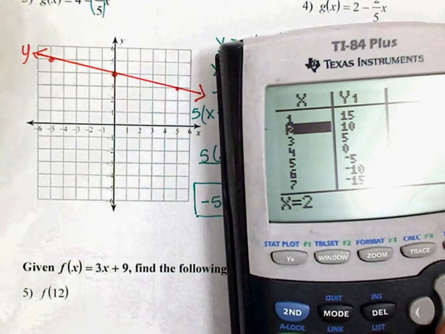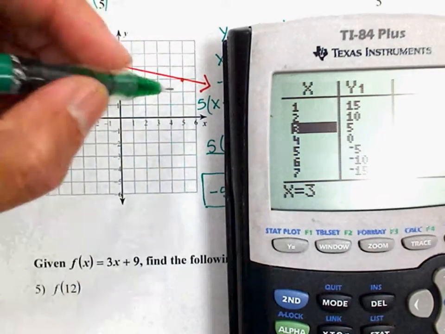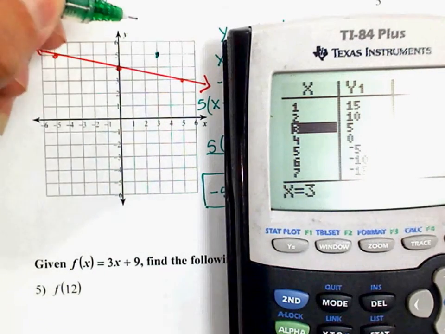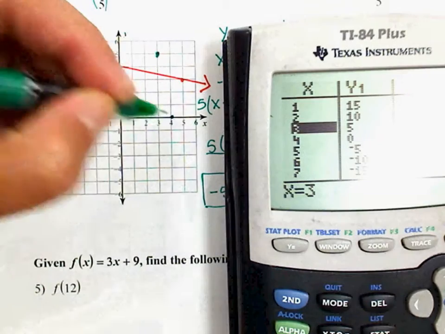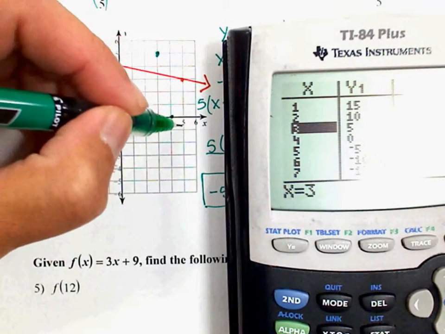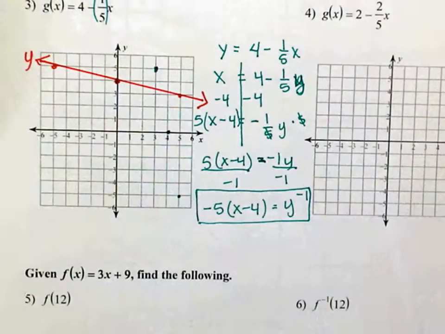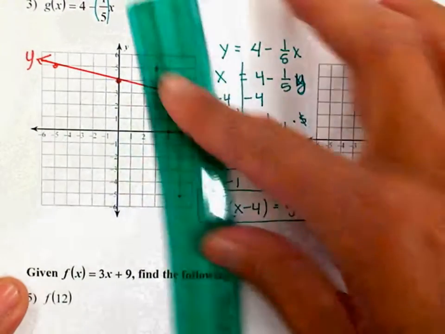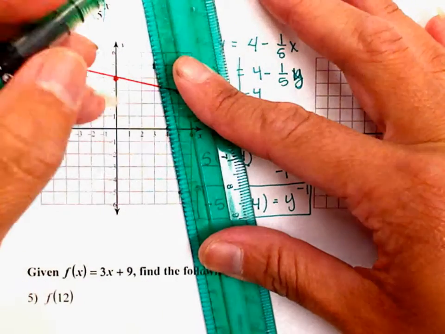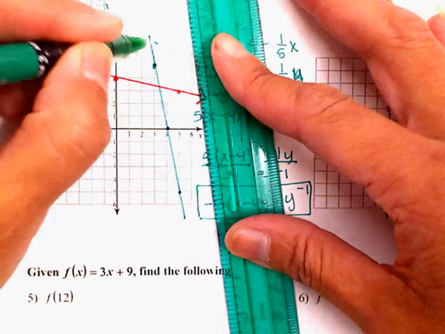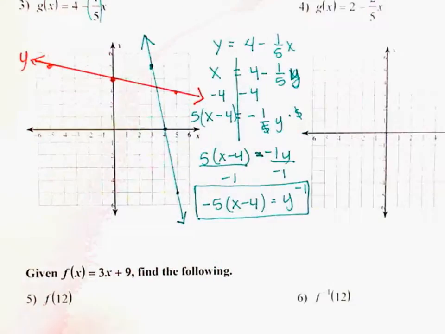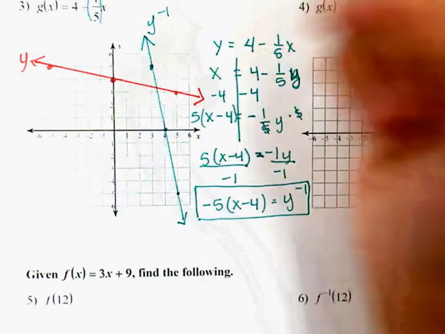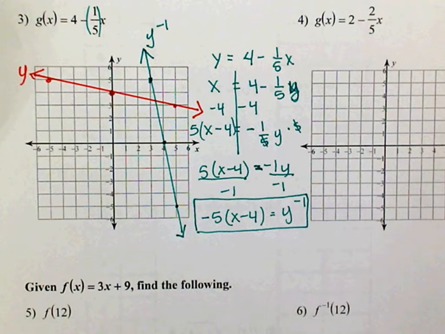How about 3 and 5? 3 and 5. 4 and 0. And 5. Negative 5. And there's your inverse function. All right.